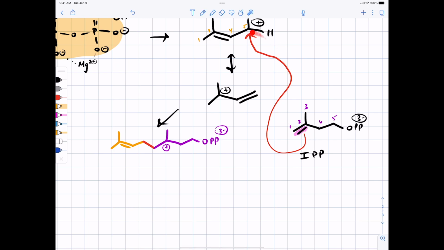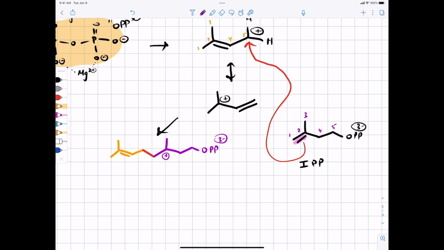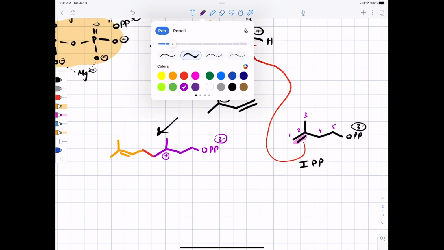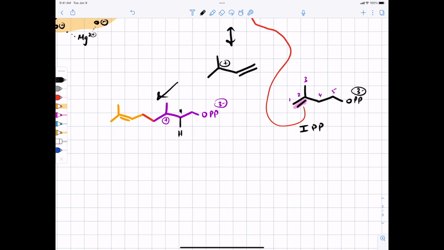Okay, so that's a new reaction you haven't seen before, but it makes sense in terms of principles that you know, and that's sort of a chapter 10 reaction. What we're going to do now is a chapter 7 and 8 reaction because we're going to do an elimination reaction, and it's this beta proton on purple carbon 4 that is the reactive one.